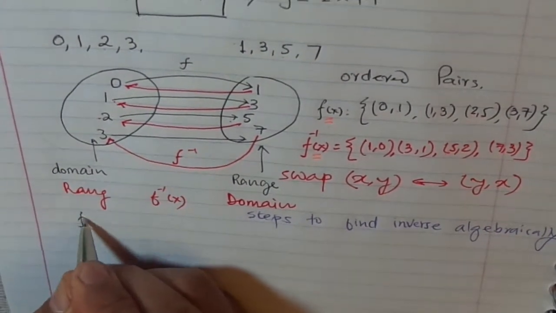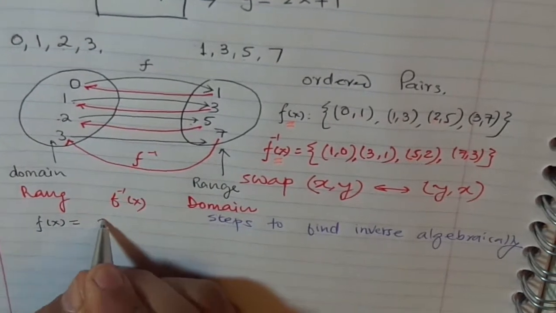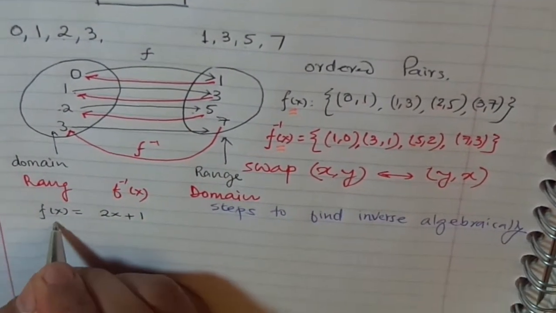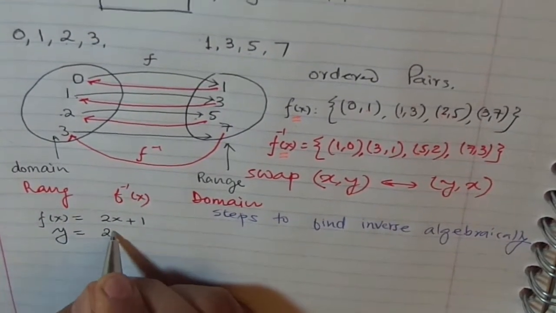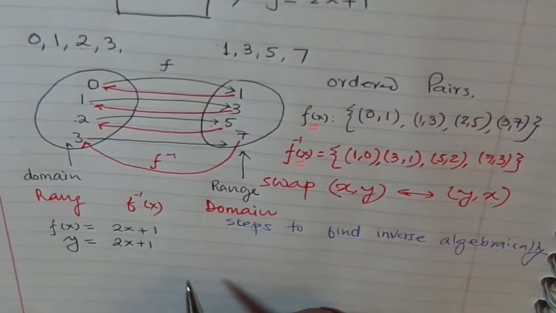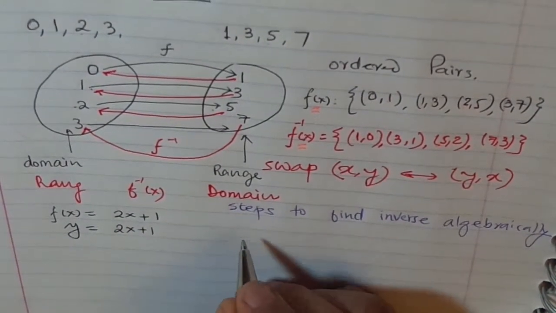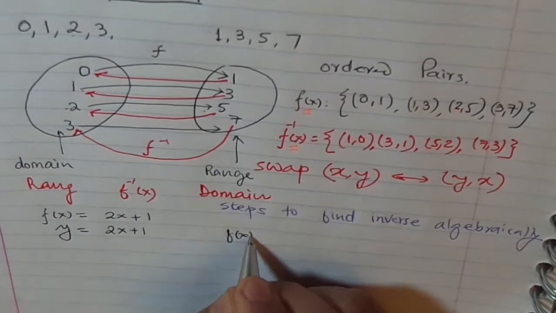Our function was defined as f(x) equals 2x plus 1. f(x) is the output. Let's write it in the form of y equals 2x plus 1. It helps to solve equations in terms of x and y. So first step, change f(x) to y.